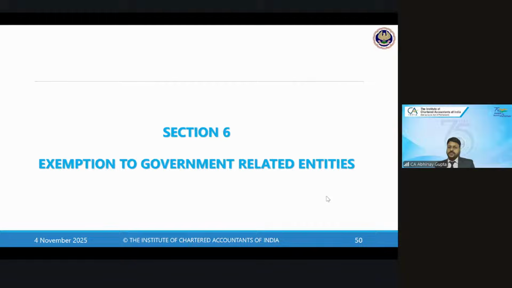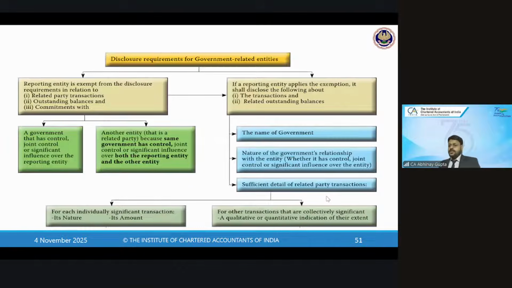Okay. The last section of the standard: exemption to the government related entities. So there are certain exemptions given for the government and the government related entities, right? Now, the first question arises: why a special treatment? But after looking at what is the exemption given and, post exemption claim, what disclosures are required, you will say there is hardly any material difference.